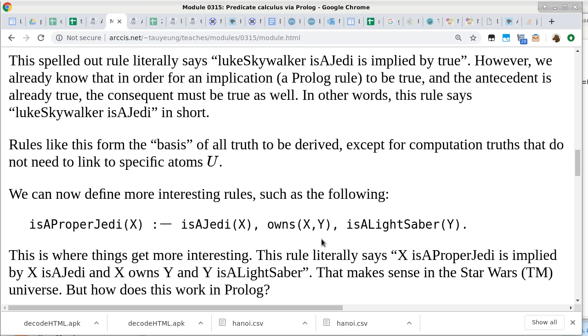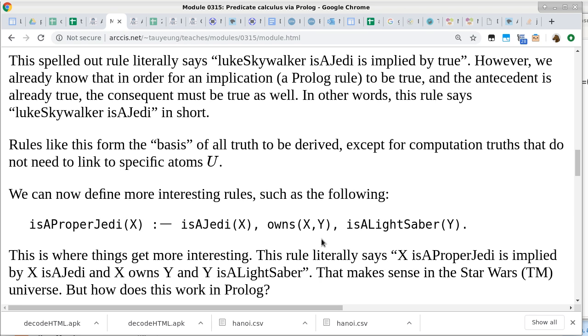The way we're going to read this rule is: for all x in the universe, if there exists y such that x is a Jedi, x owns y, and y is a lightsaber, that implies x is a proper Jedi.